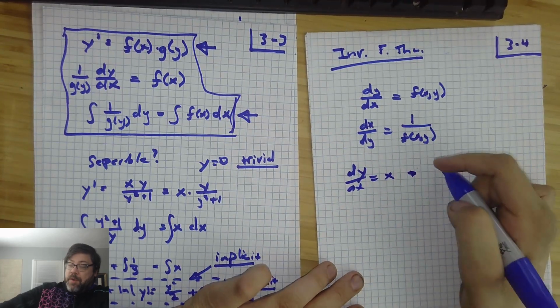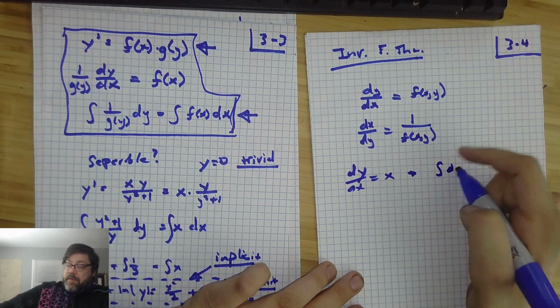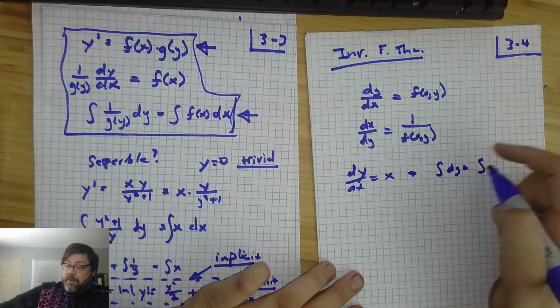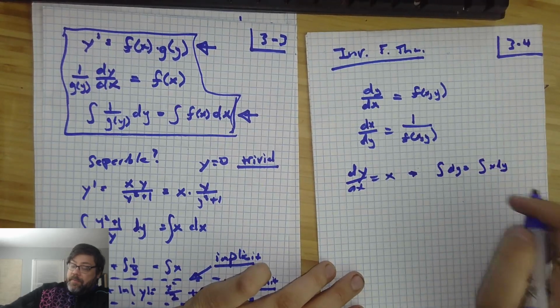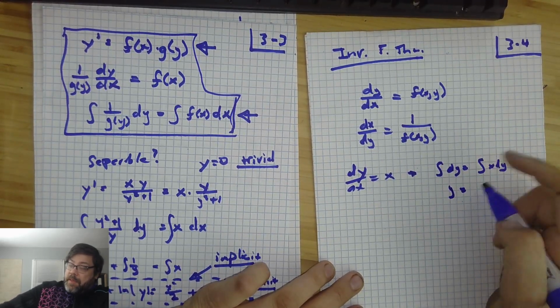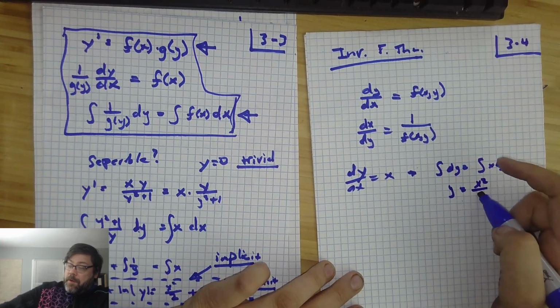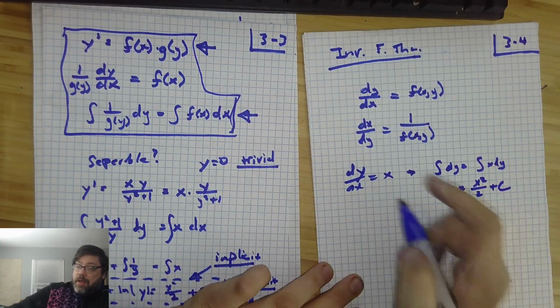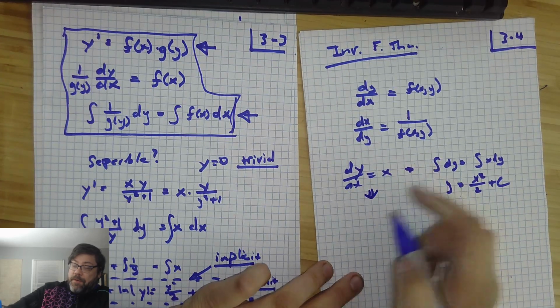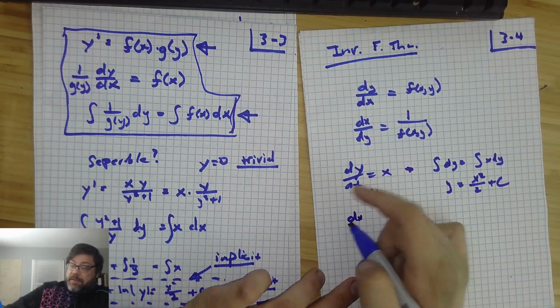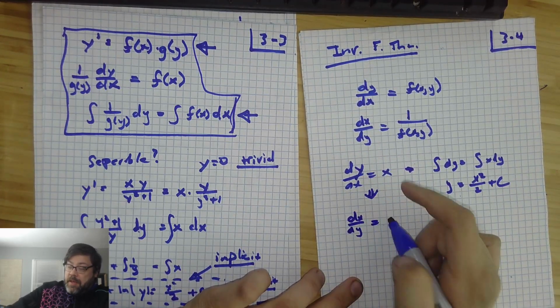If we do this, we have the integral of dy equals the integral of x dx, or in other words, y equals x squared over 2 plus c. What if we use the inverse functional theorem? We say dx/dy equals x.